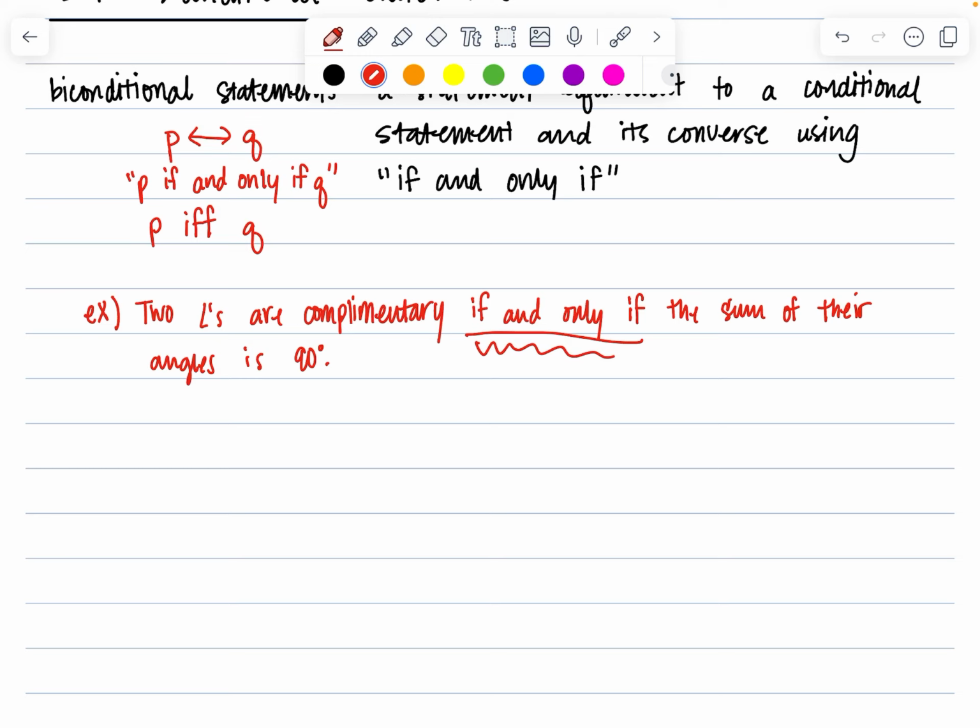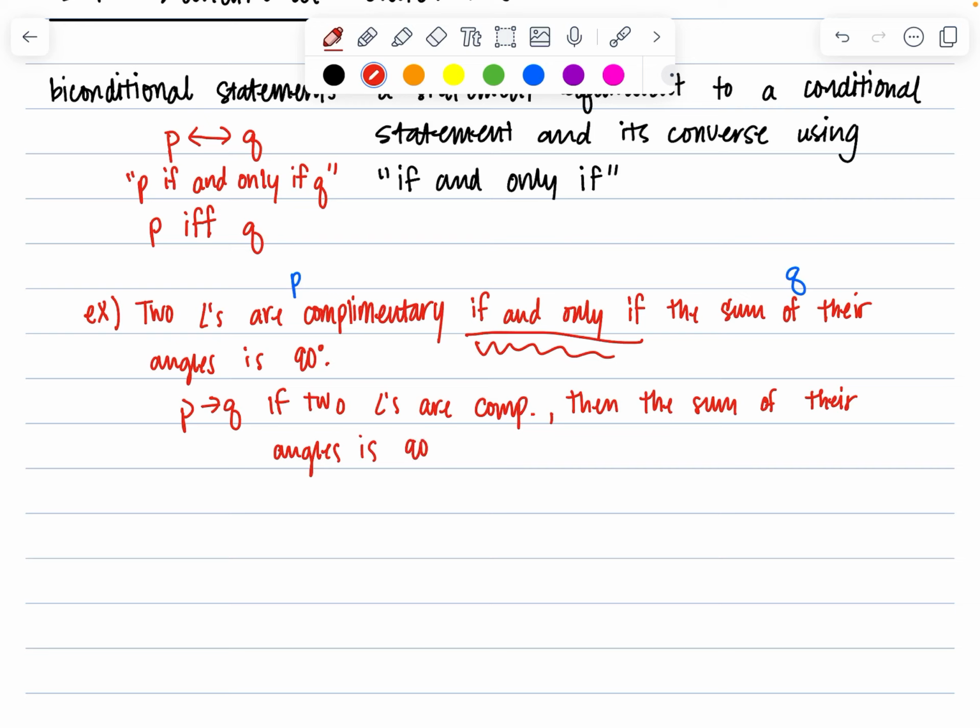Now, you could break this up into two conditional statements. You could say P implies Q by saying if two angles are complementary, you could call this part P, and this part Q. Broken up into a traditional conditional statement, it would say if two angles are complementary, then the sum of their angles is 90 degrees.